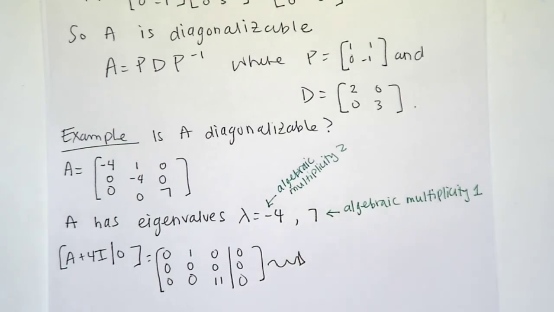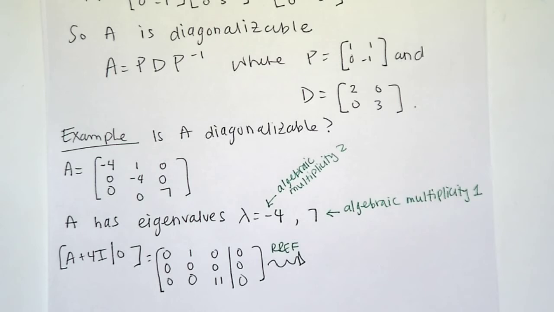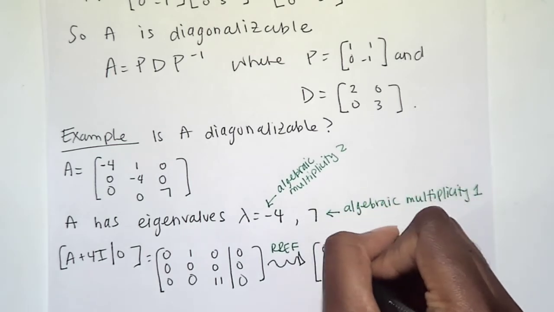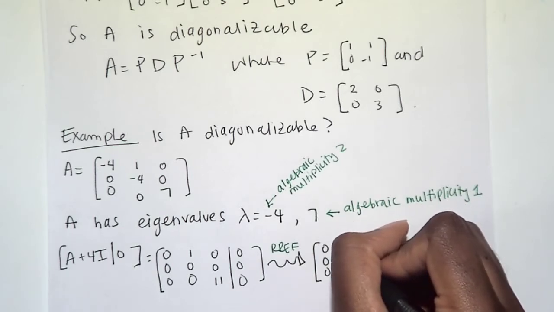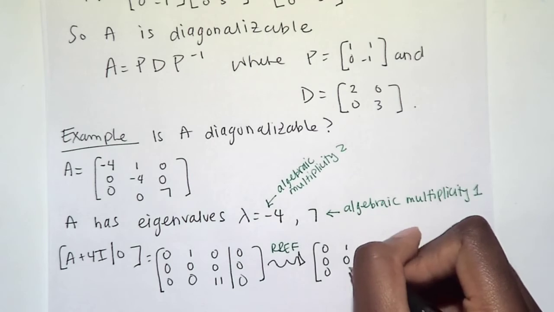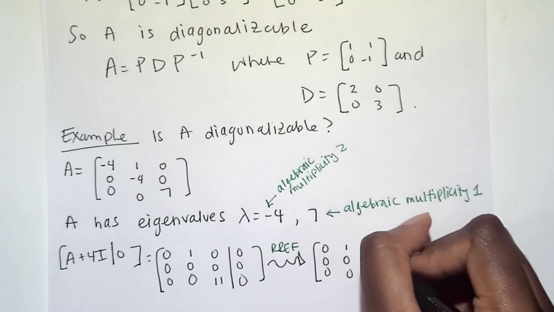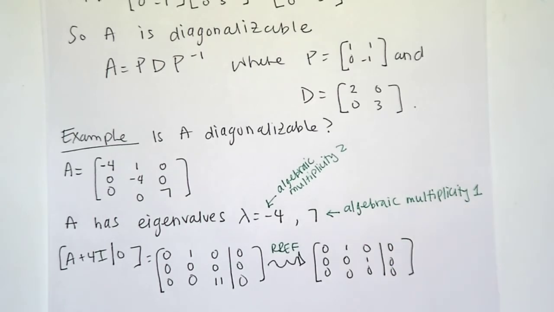And we will put this into RREF to be able to solve it. I got 1, 0, 0 in the second column and 0, 1, 0.